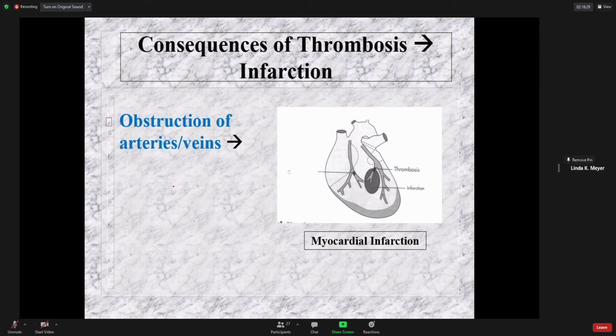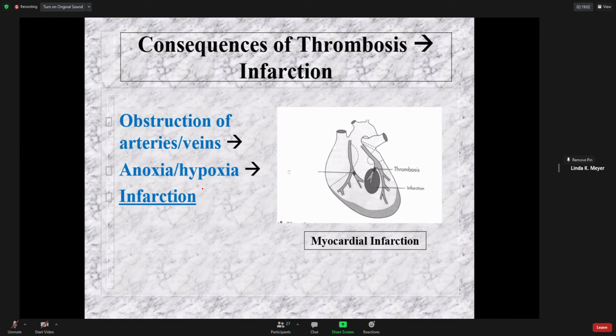So in other words, there's anoxia, no oxygen getting to the tissue, that leads to infarction. In other words, in the case of the heart, a myocardial infarction is a heart attack.